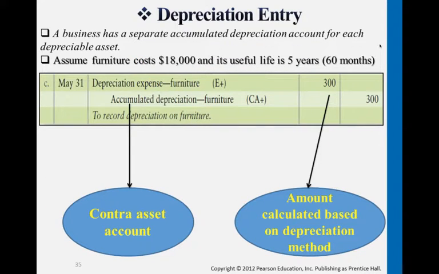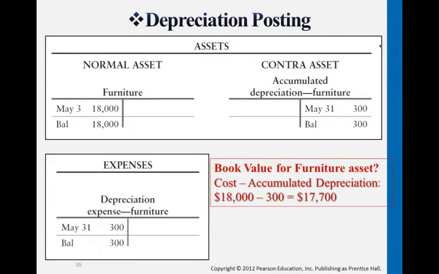On financial statements, you'll see furniture at its original historical cost, and then a separate account listed next to it, typically below it, showing the value of the asset that is no longer useful. So the contra asset account, accumulated depreciation, is a deduction account for furniture.